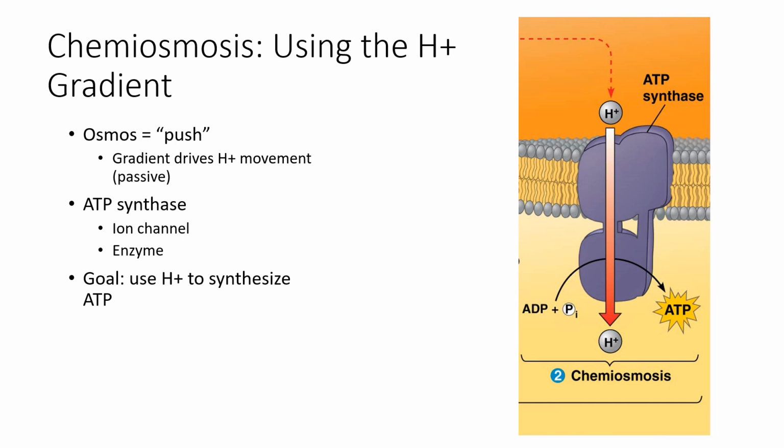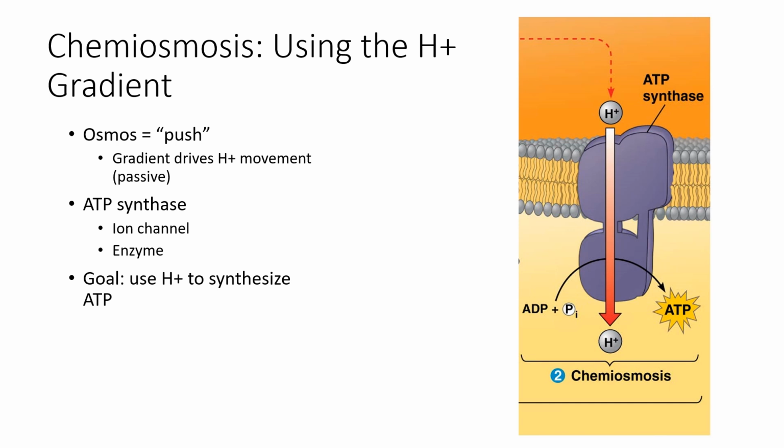So we've seen the term osmosis already, which we know is the movement of water. But let's look at the word osmos. That is Greek for push. But instead of thinking of an active push, I want you to think of more of a passive fall that might happen with a push.